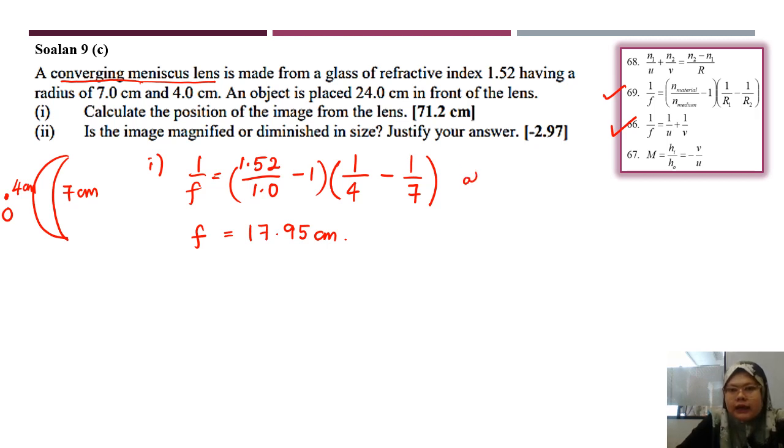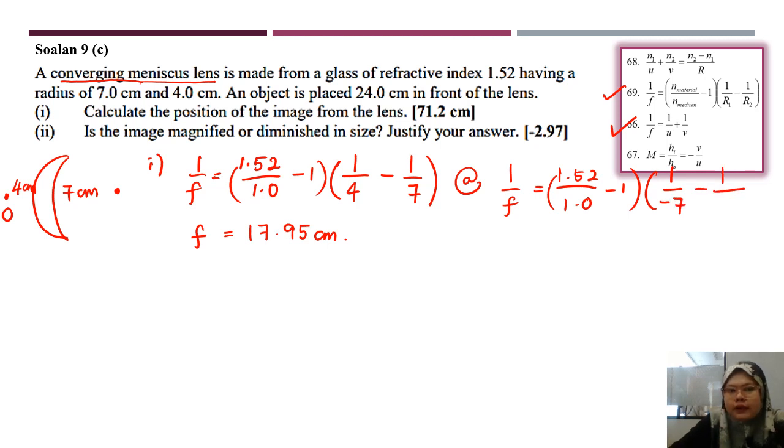Tapi kalau pelajar dia lukis lens ni terbalik, maksudnya dia tukar position of the object kat sini pun boleh juga, dia tetap akan dapat focal length yang sama. So you punya substitution 1 over f will be 1.52 divided by 1.0 minus 1, okay, 1 over R1. R1 you akan jadi surface concave, so here 7 cm, so will be negative 7.